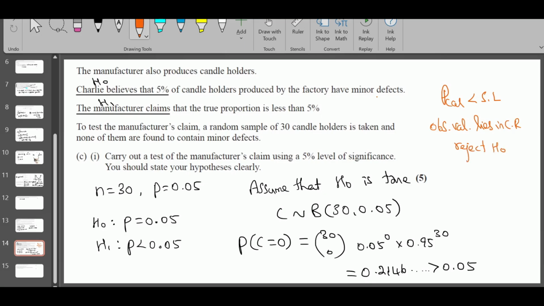In this case, the calculated value is bigger than the significance level, so we do not reject H0. So we need to write here that we accepted H0, not H1. So there is insufficient evidence to support the manufacturer's claim. You need to write that, otherwise you will lose marks.